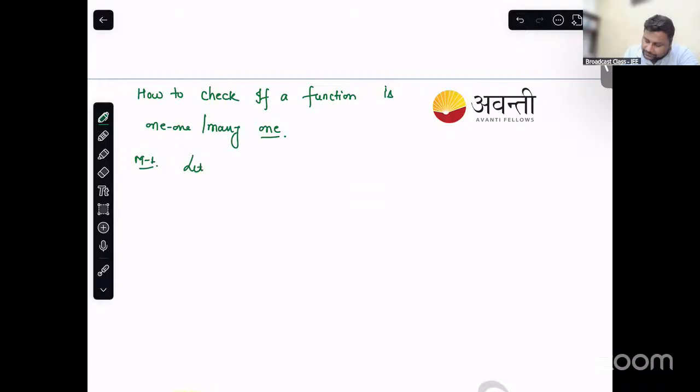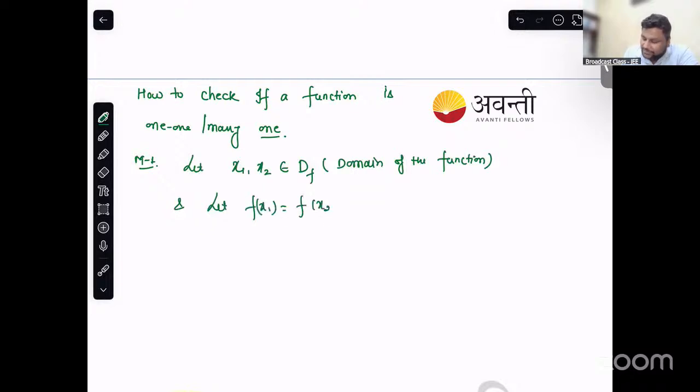Let x1, x2 belong to the domain of the function, and let f(x1) is equal to f(x2).